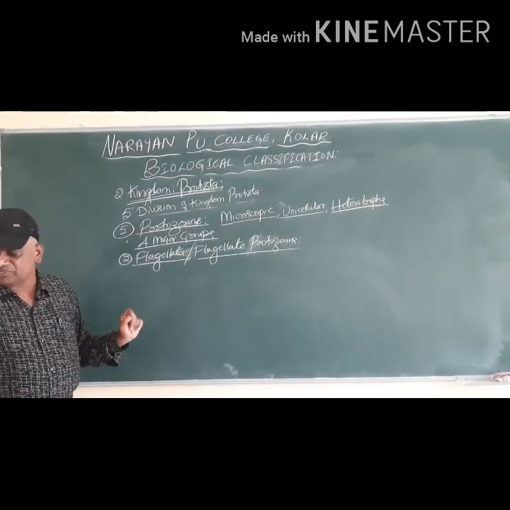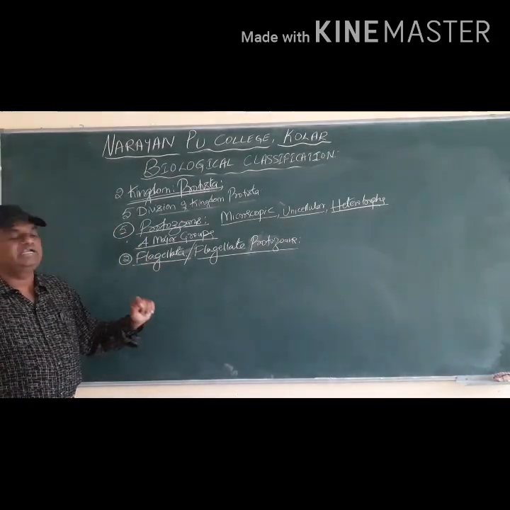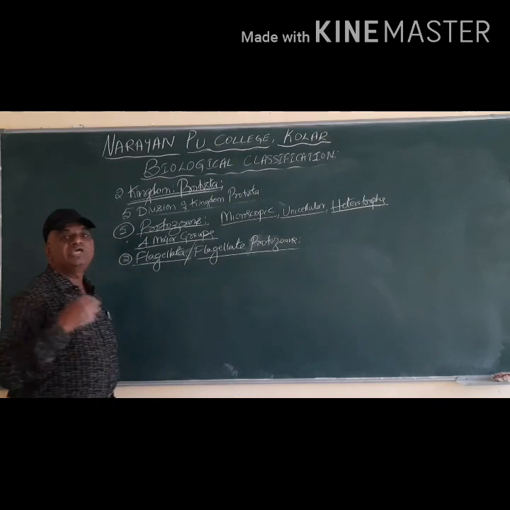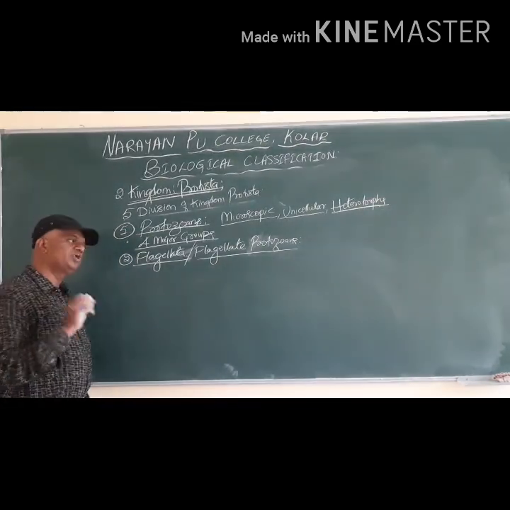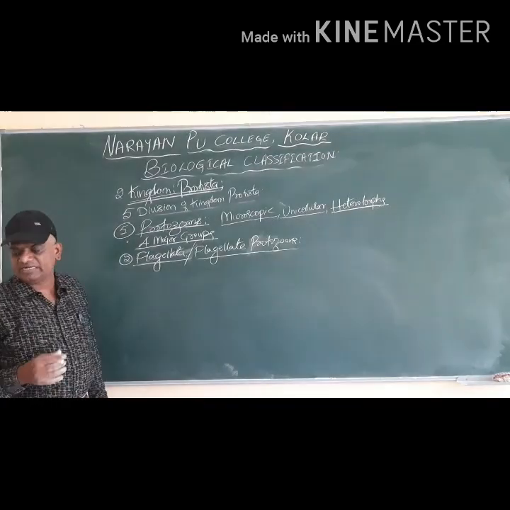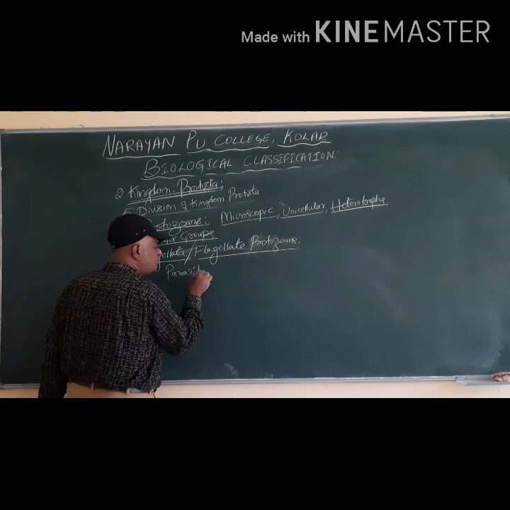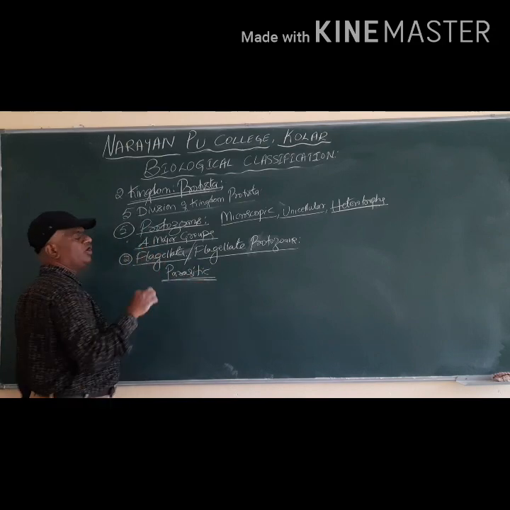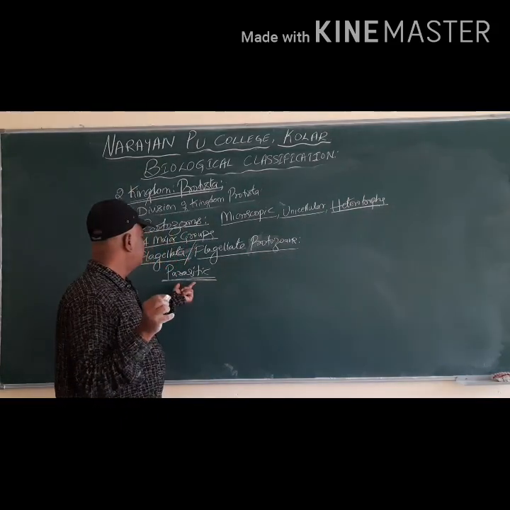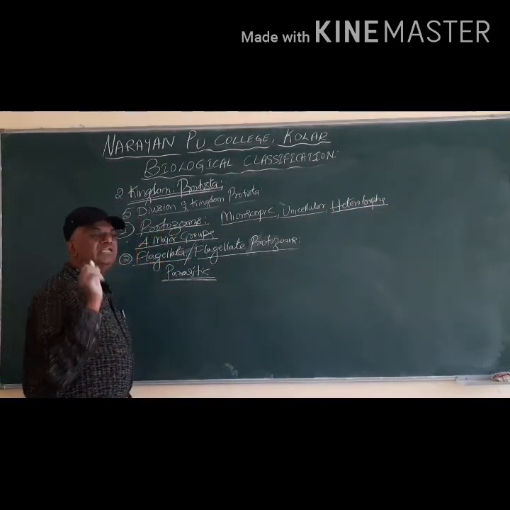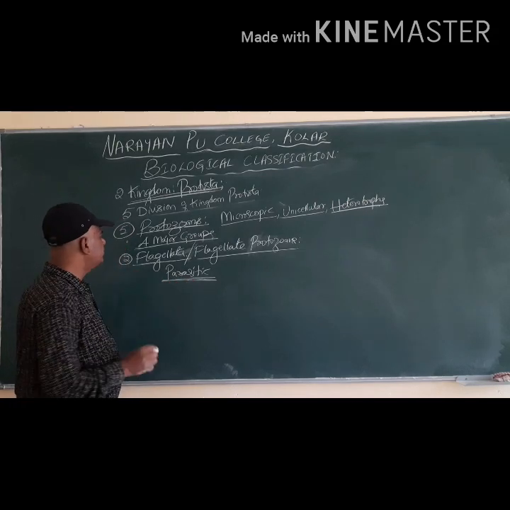There are freshwater forms, and there are also parasitic forms. The meaning of parasitic: these organisms depend upon other living organisms for food. So they are called parasitic forms.